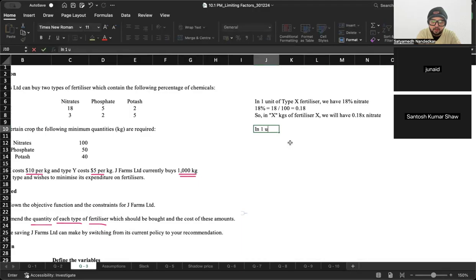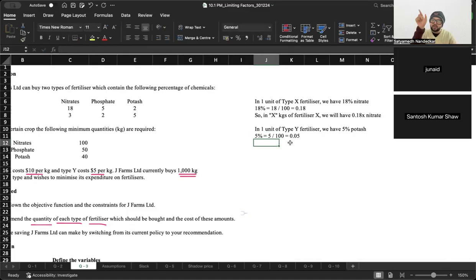Or in 1 unit of type Y fertilizer, we have 5% potash. Okay, 5% is 5 upon 100, which is equal to 0.05. एक यूनिट में 0.05 है.